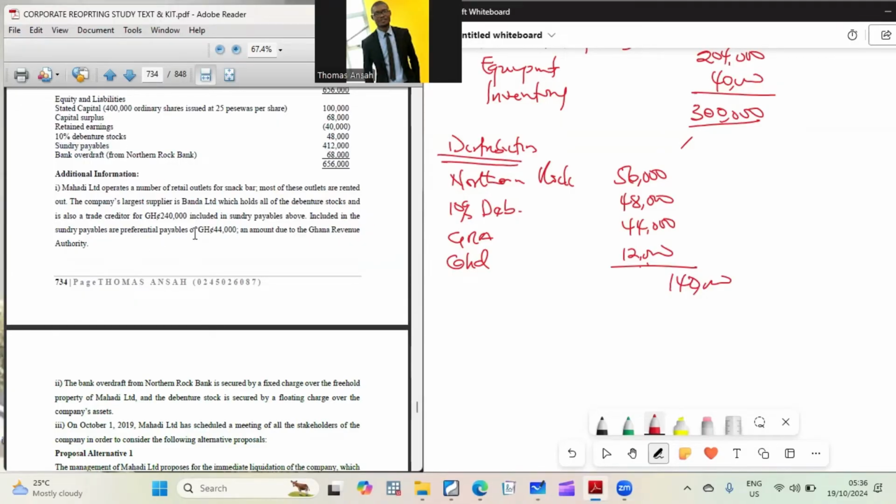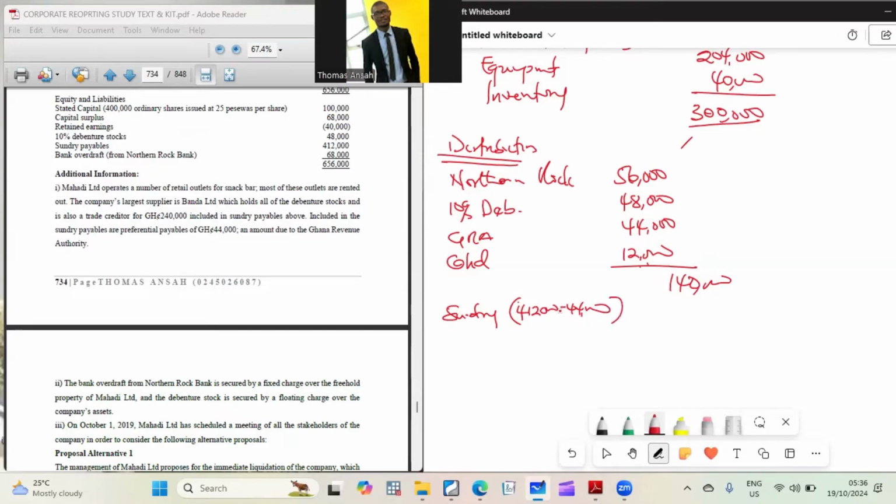So the balance we are actually left with, the GRA is paid out of it. So the sundry payables is left with how much? If you take GRA, 412 minus 44.